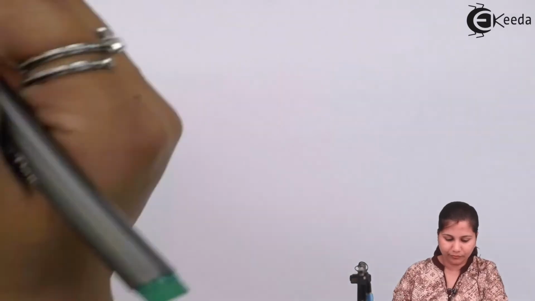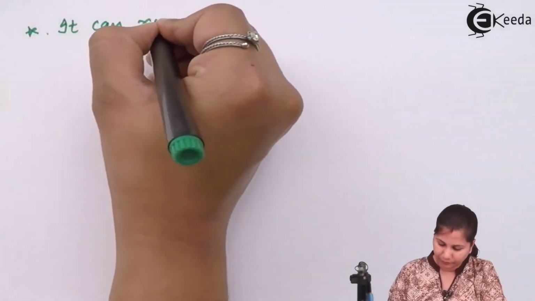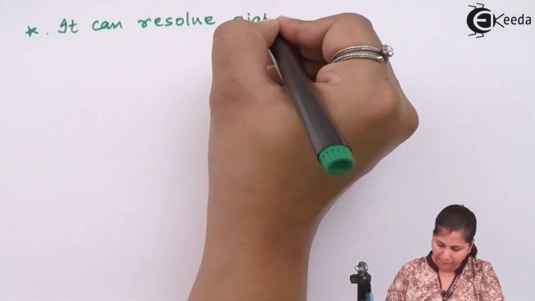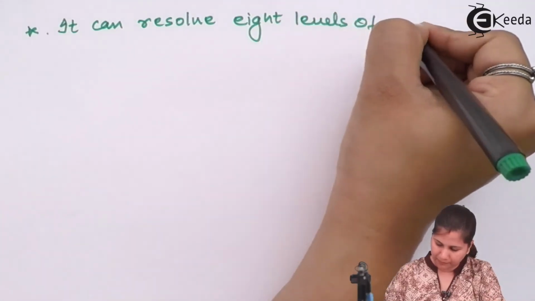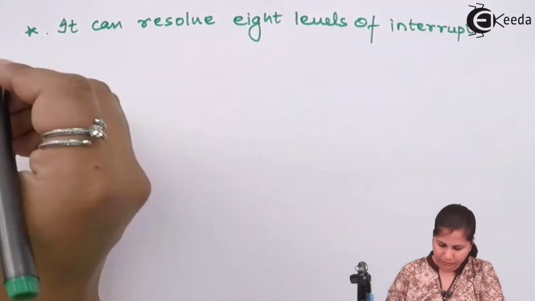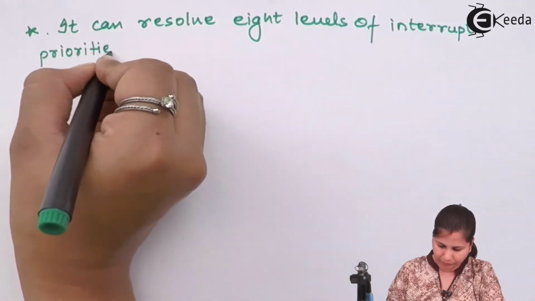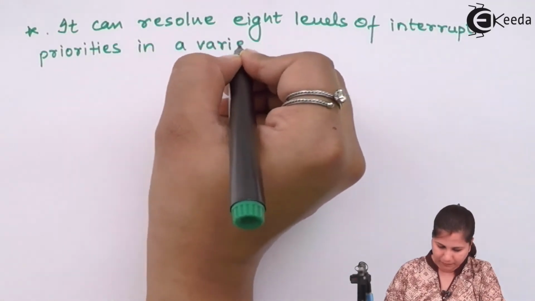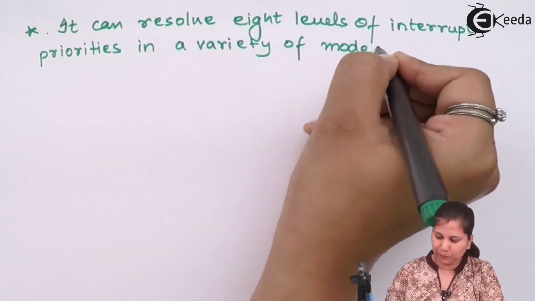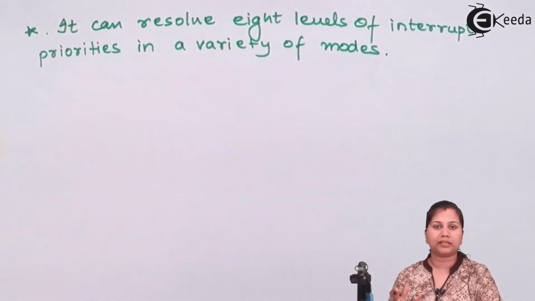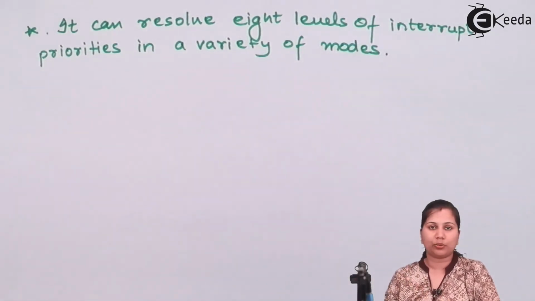So the microprocessor is free from this task. That is the feature of 8259, that it can decide the priorities among the 8 interrupt requests which are given to the microprocessor. So 8 interrupt pins can be connected to 8259.